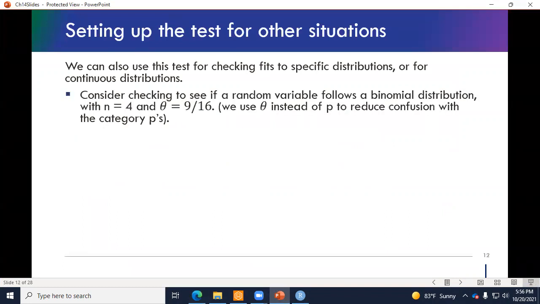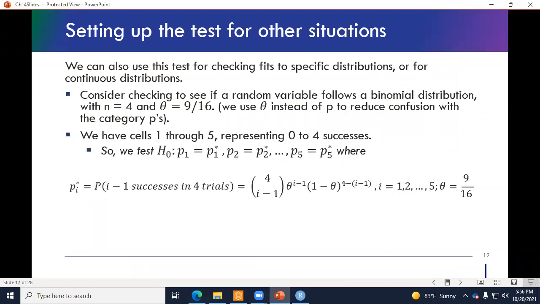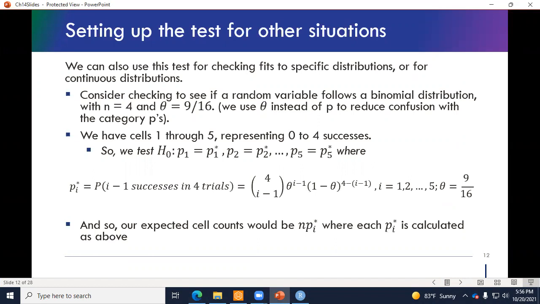Okay, let's get back. We can also use this chi-square test for other scenarios, like to check the fit to specific distributions, even for continuous distributions.